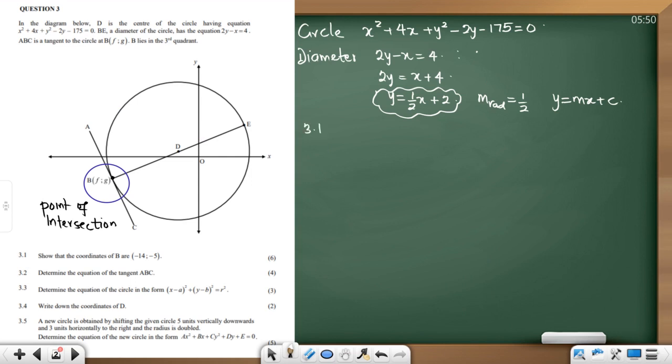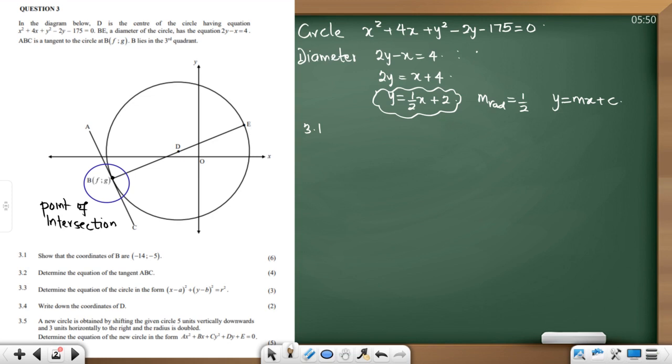3.1. We're working with the diameter and the circle. You can work with y equals half x plus 2, or with 2y minus x equals 4, and solve simultaneously.